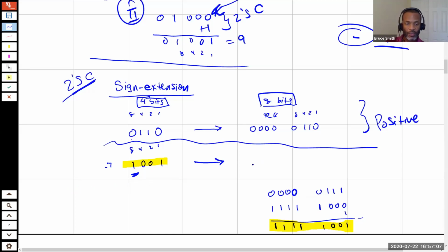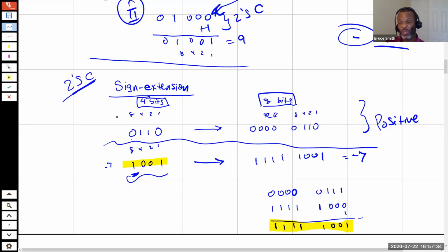So I'm going to take him in 1, 2, 3, 4, and then this part 1, 0, 0, 1. So I have sign extended this so that I know that this is also a -7. So this is a -7, but it's using 8 bits. This is a -7 using 4 bits.